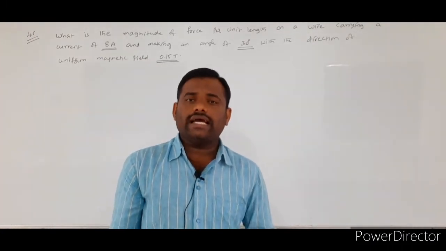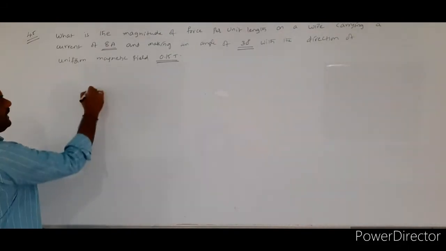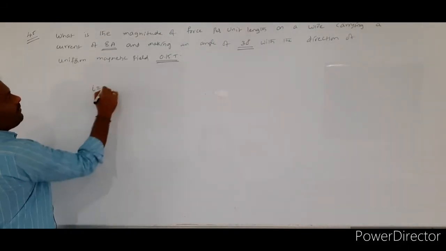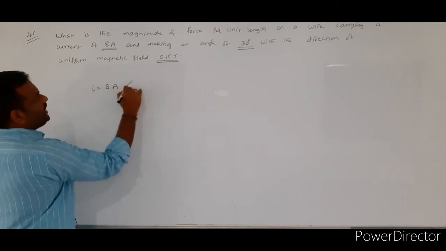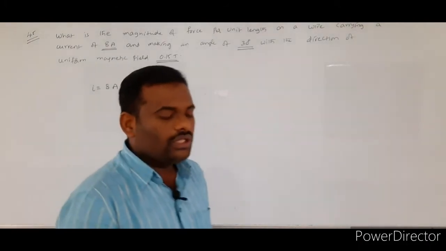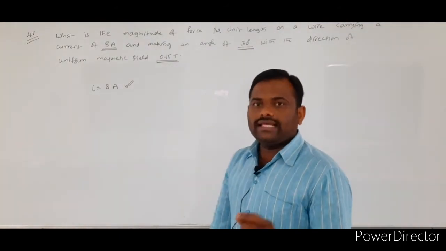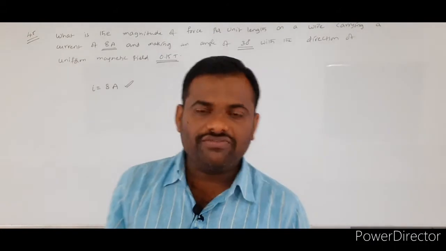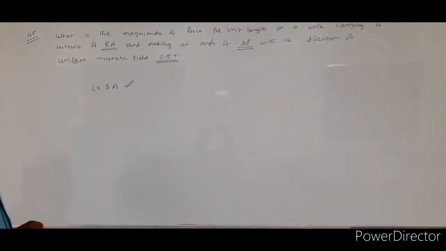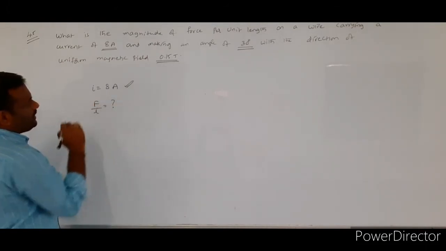In that current carrying wire, they mentioned I is equal to 8 amperes of current flowing through the given conducting wire. And they are asking you to find the force acting per unit length on the wire.